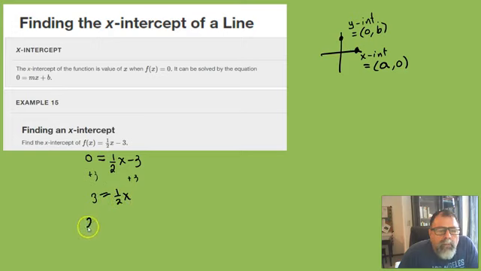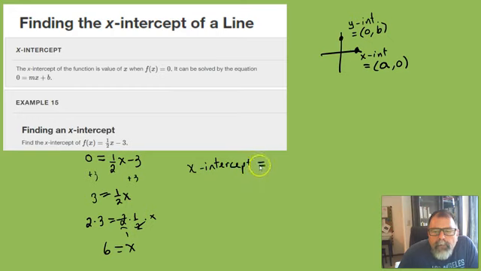And then you're going to multiply both sides by 2 to cancel the 1/2. Right, those cancel. You get 1x, which is just x, and 2 times 3 is 6. So my x-intercept is equal to 6, 0. So I would go to 6 on the x-axis, put a dot there.